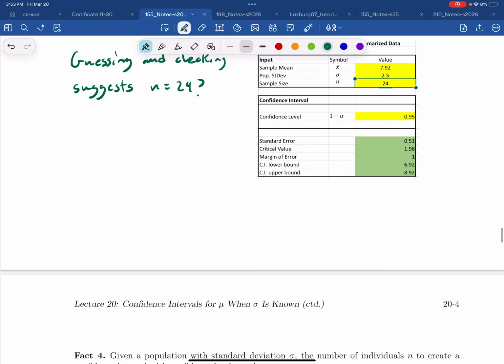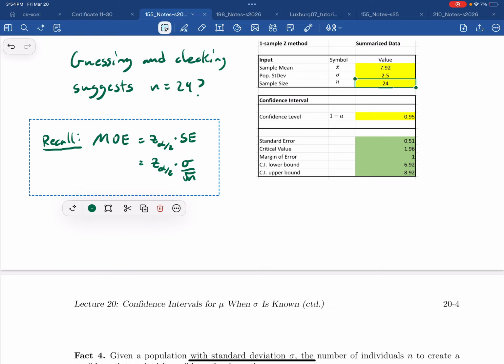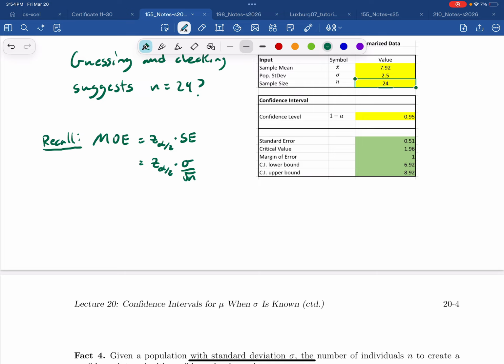Well, what we can do is say, recall that margin of error equals our critical number times our standard error, which is our critical number times sigma over root n. So if we want to know the value of n that will give us the margin of error that we want, then we should solve for n.